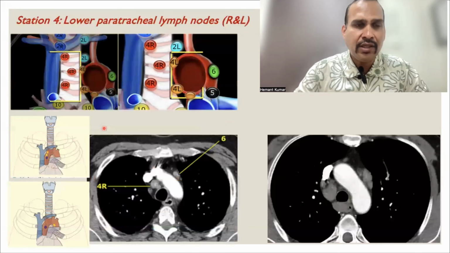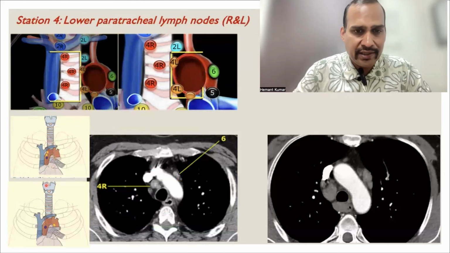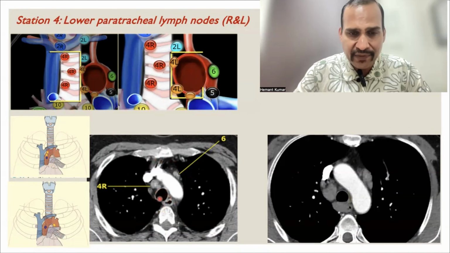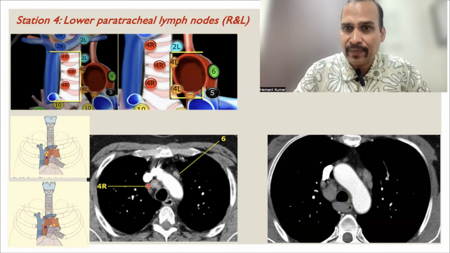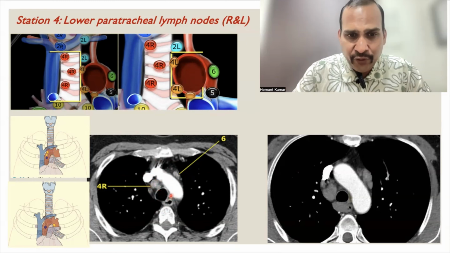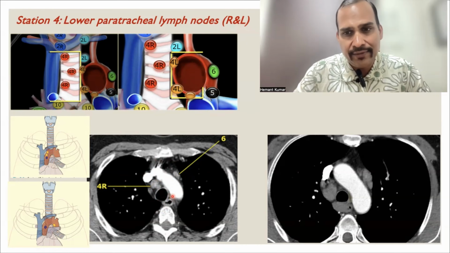You can see in this diagram, this is the trachea, this is the arch of aorta, and this is the subclavian vein. So below the subclavian vein is 4R. Any lymph node here would be 4L.